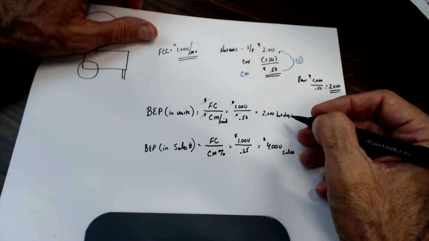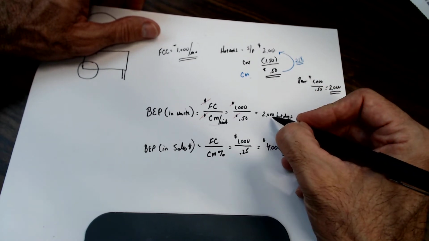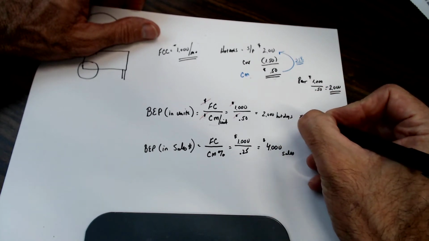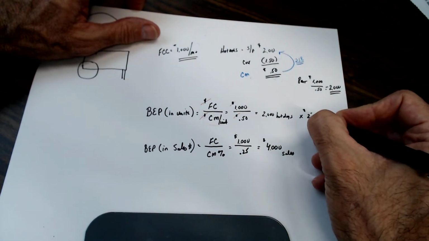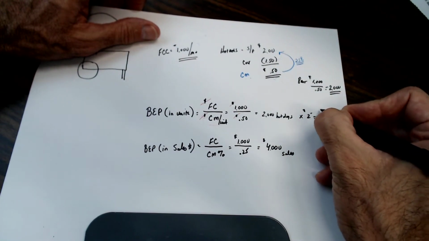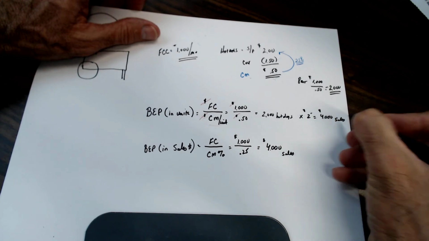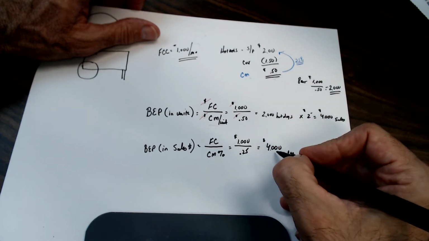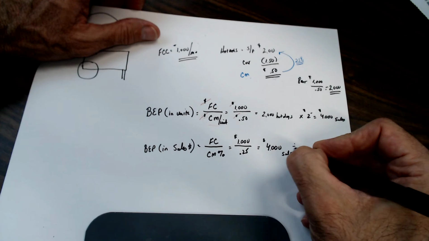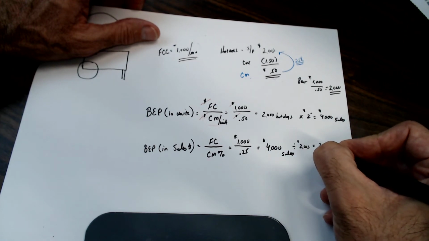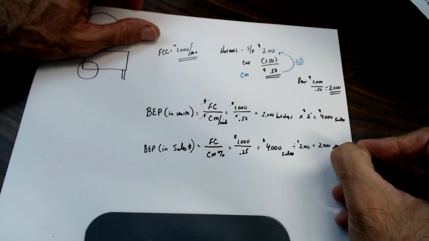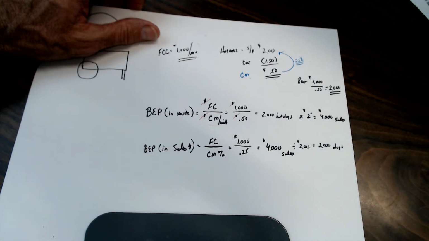It's the same point because 2,000 hot dogs, selling them for $2 a piece, will give me $4,000 in sales, or $4,000 in sales divided by $2 a piece means I have to sell 2,000 dogs.